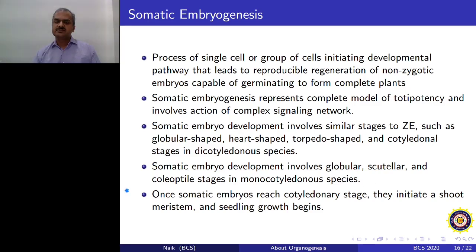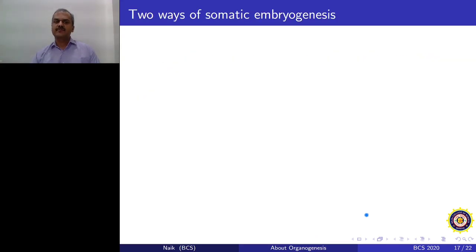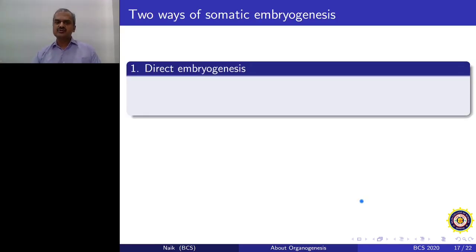Once the somatic embryo reaches the cotyledonary or coleoptile stage, it will initiate a shoot meristem as well as a root meristem, and seedling growth will begin, forming a complete plantlet.